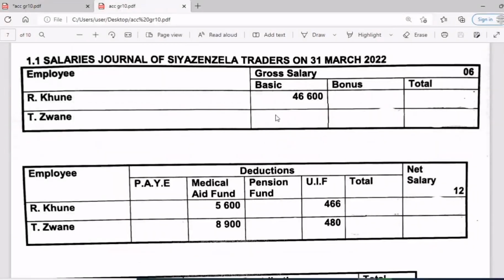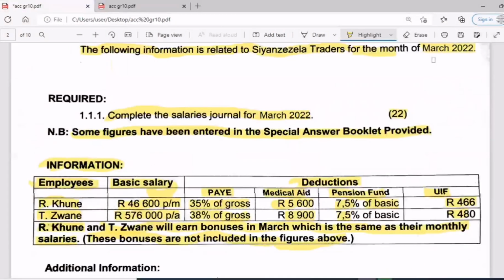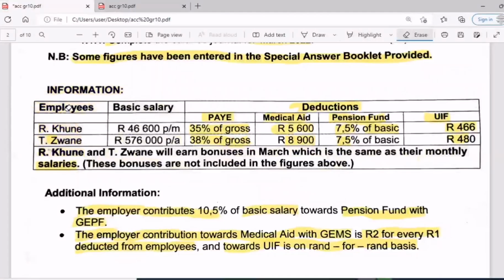So for Kune, the basic salary has already been entered. Let me clear all these parts so that when I highlight, you will see clearly and follow.